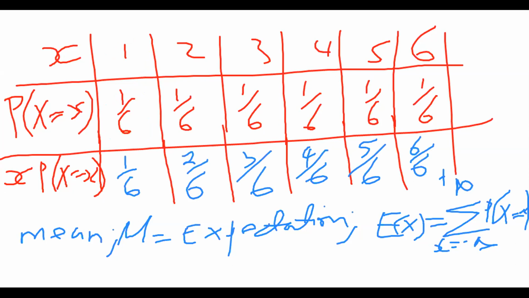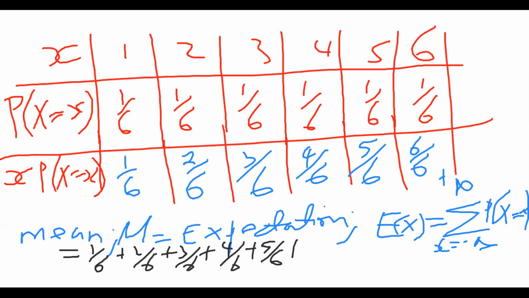Then to get the mean, I'll simply add up all of those: 1 out of 6 plus 2 out of 6 plus 3 out of 6 plus 4 out of 6 plus 5 out of 6 plus 6 out of 6. From the calculator, you can add that this is 6, 10, 15, it's the same as 21 out of 6.